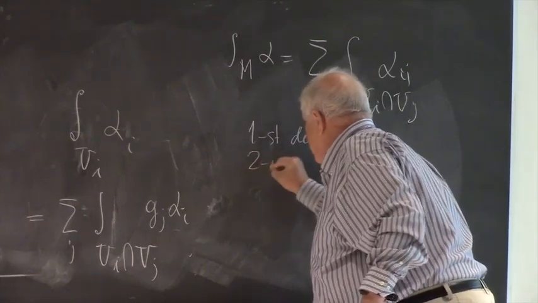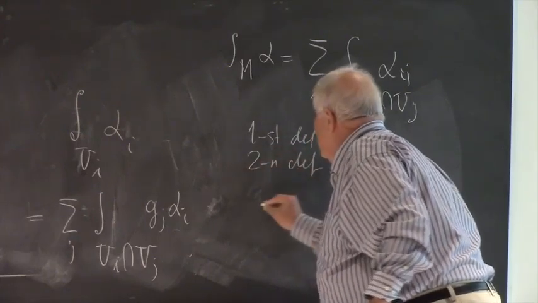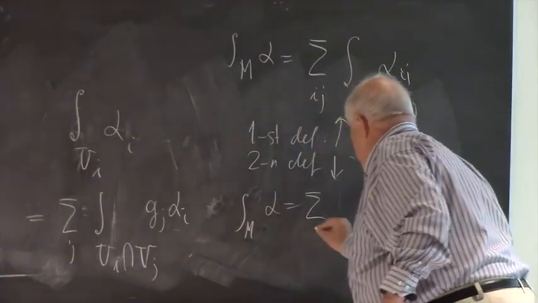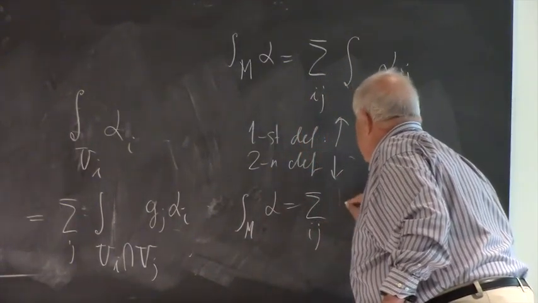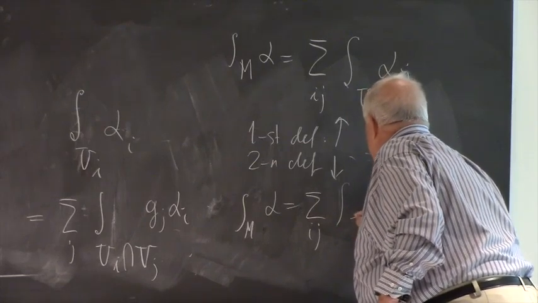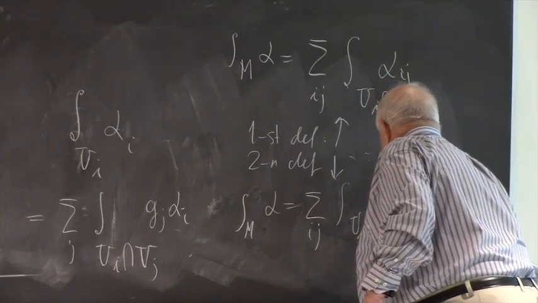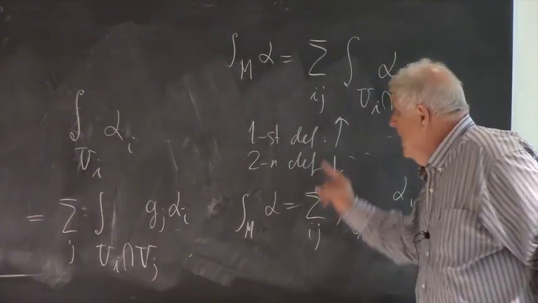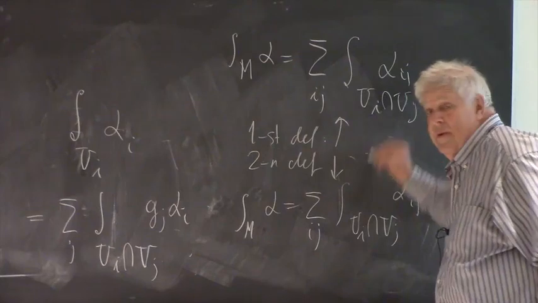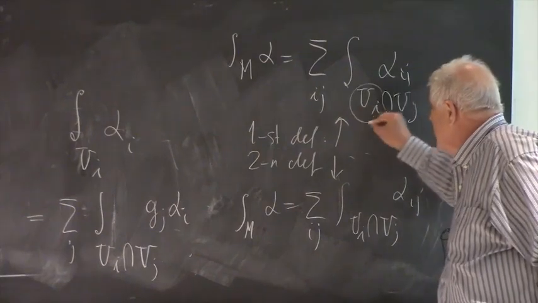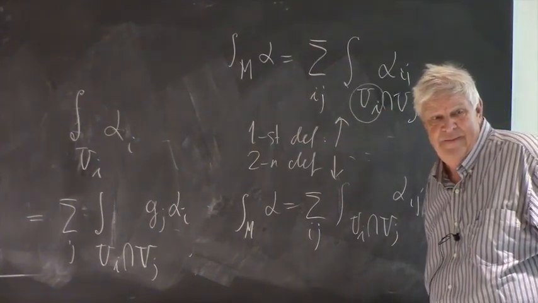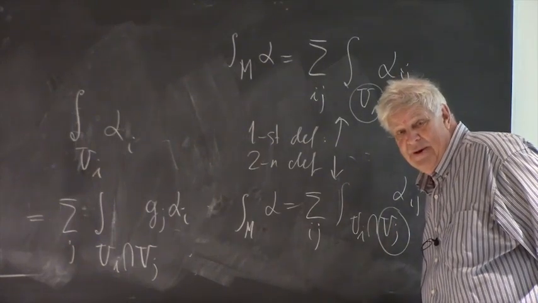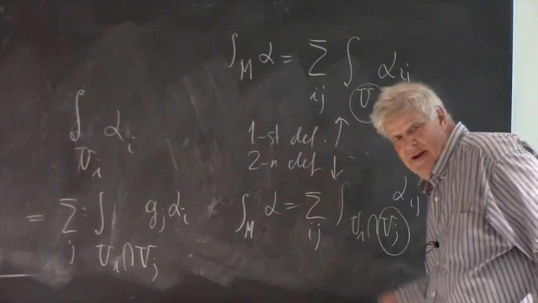This is the second definition. But the difference is that here, when we compute this, we use coordinates which come from Ui. And here we use coordinates which come from Vj. Right? These two things are the same.